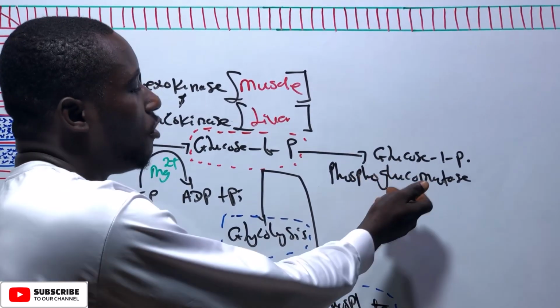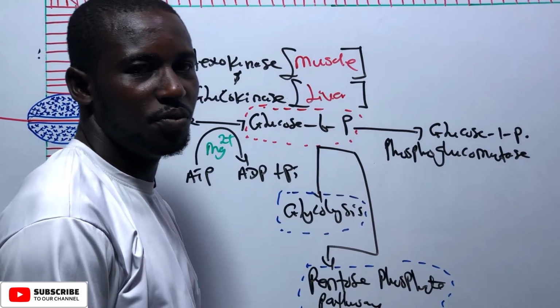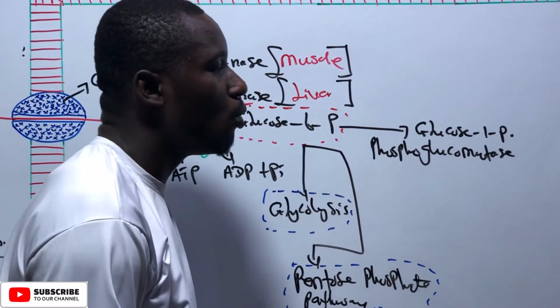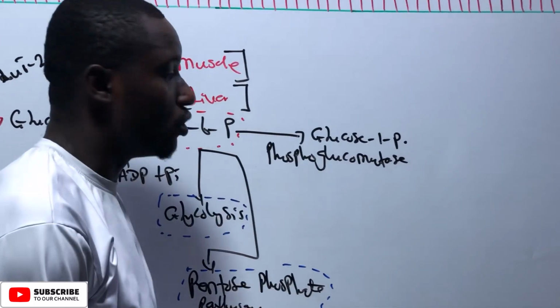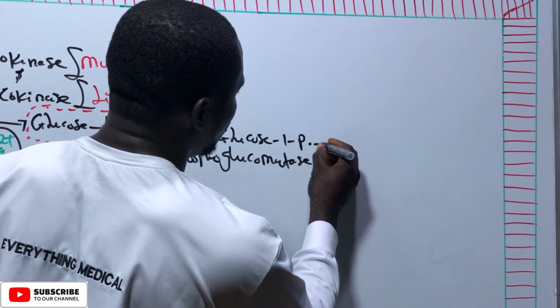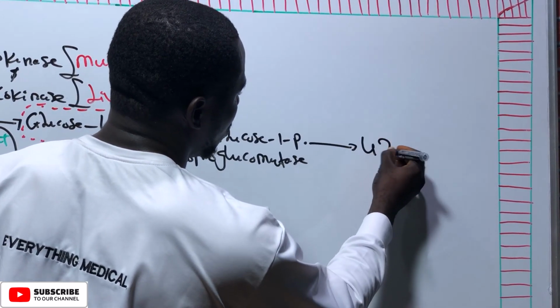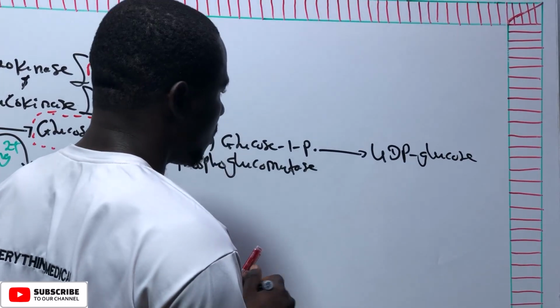Now, since we have formed our glucose 1-phosphate, another intermediate will be formed, which is UDP-glucose, uridine diphosphate glucose.